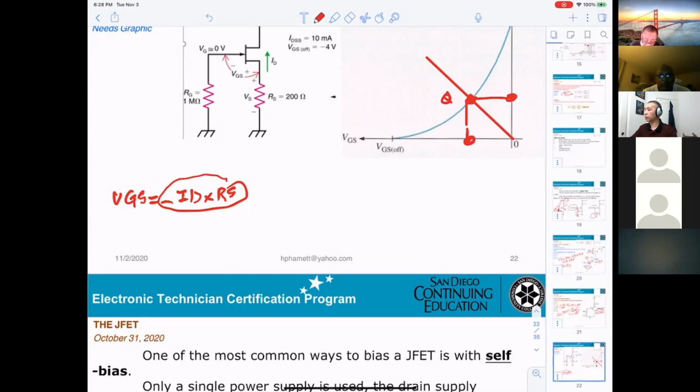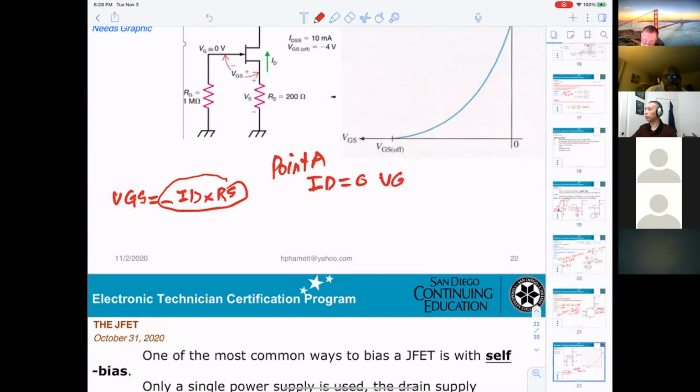Now, for self-bias, first I need point A. For point A, I set ID equal 0. Then what is VGS? VGS off? VGS equals what? 0.